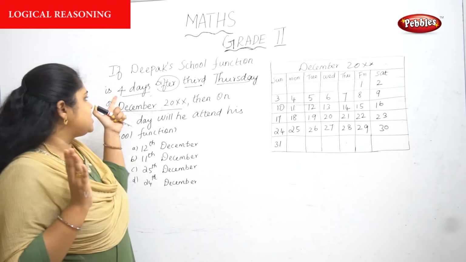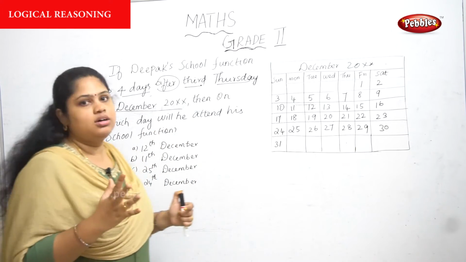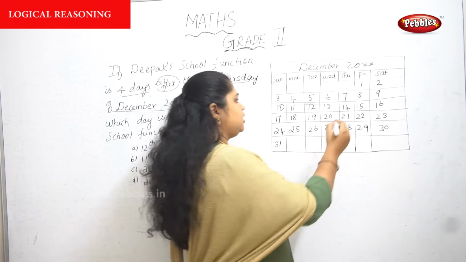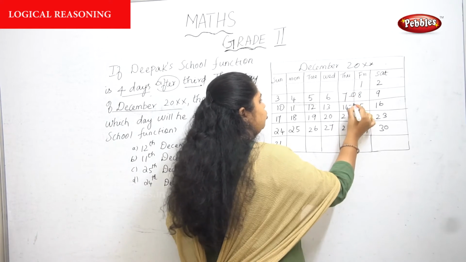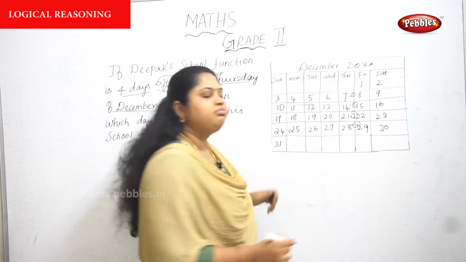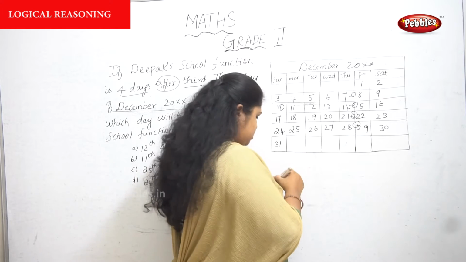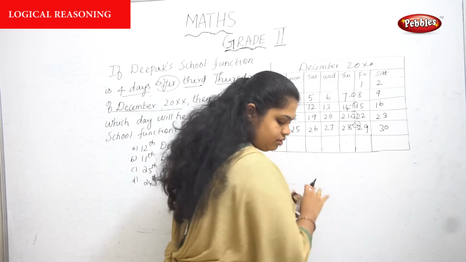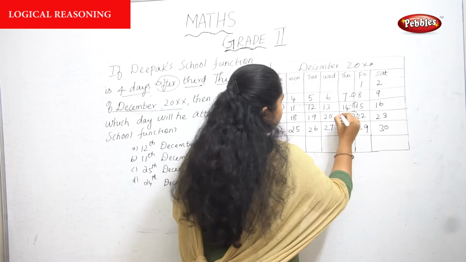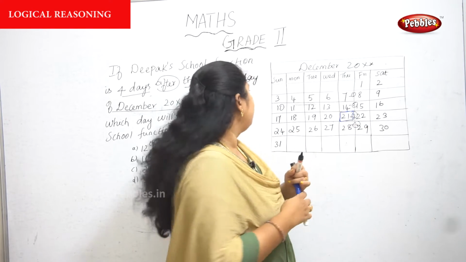So what is the answer they have given? 4 days after the 3rd Thursday. So for the 3rd Thursday we have to count how many Thursdays. 1 Thursday, 2 Thursday, 3 Thursday and 4 Thursday, isn't it? The 3rd Thursday is 21. I'm just highlighting it with another color.